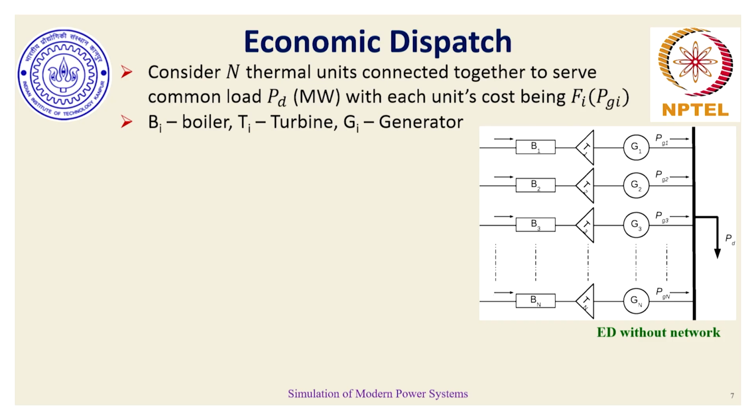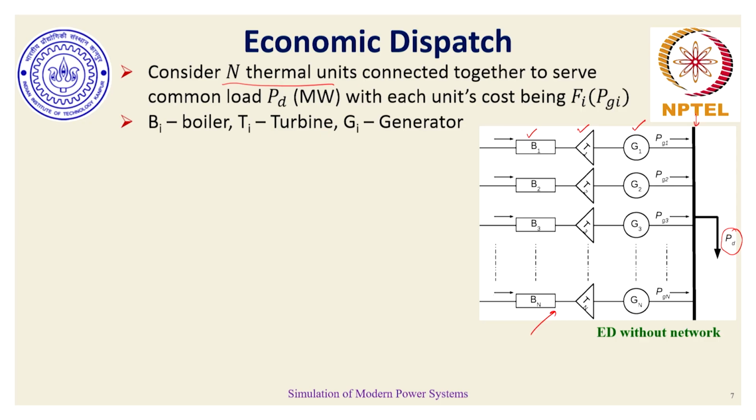So what I have here is a model of a power network where I have n number of thermal units. Each of these thermal units has its own boiler mechanism, turbine mechanism, and electrical generator mechanism. And I am assuming that the load which is present in the network is present at the same bus.